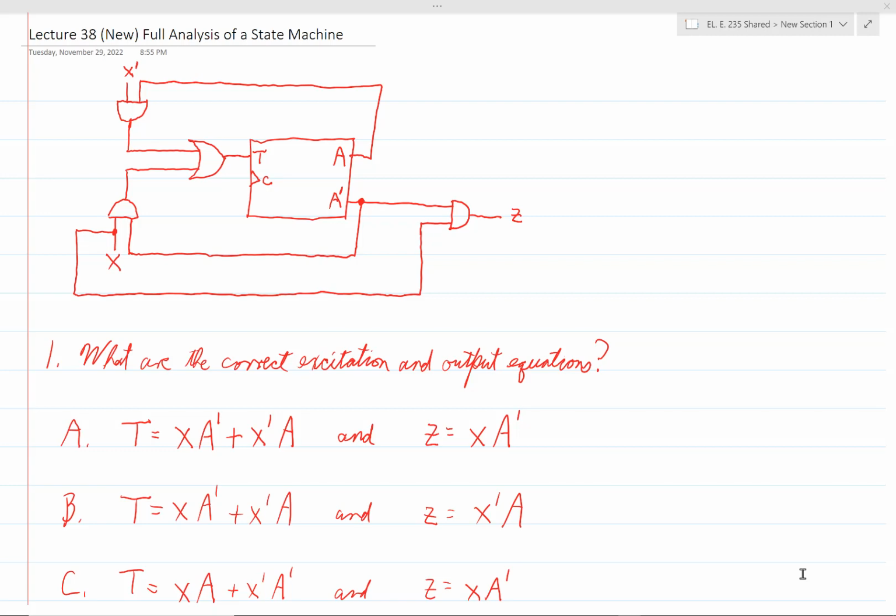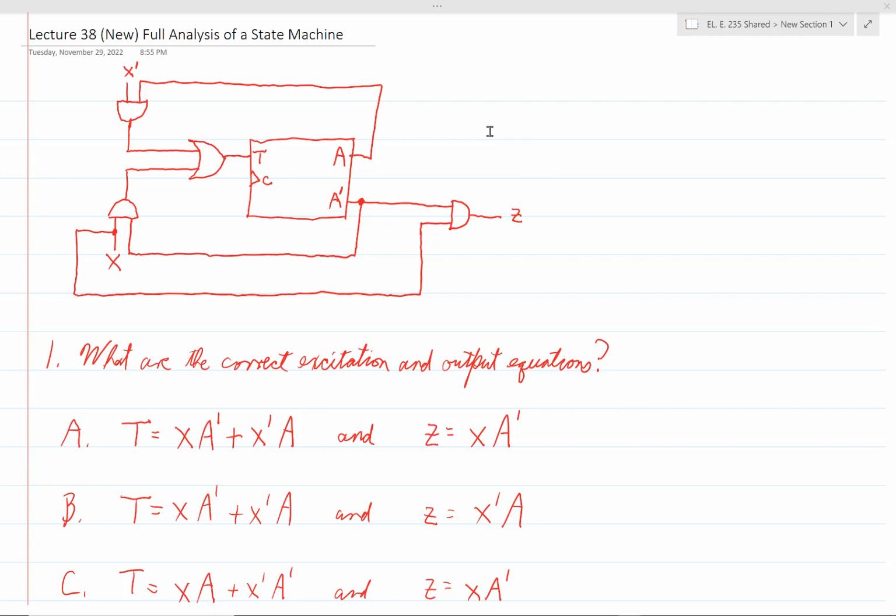If you had a problem like this in one of the multiple choice problems, it would look very similar to what I have here. Let's talk a little bit about the problem.